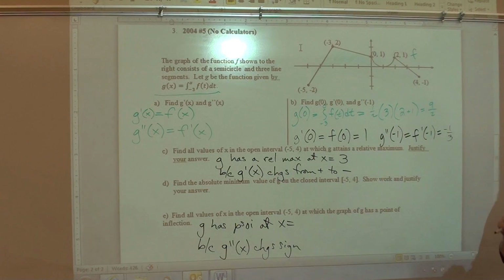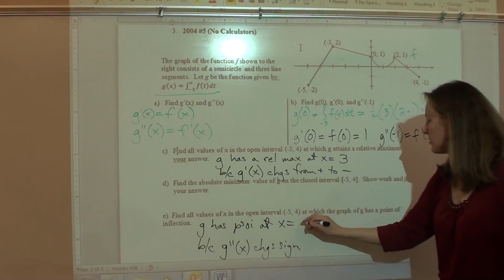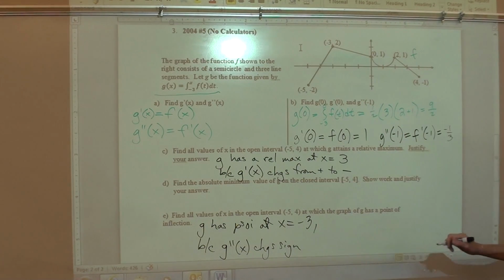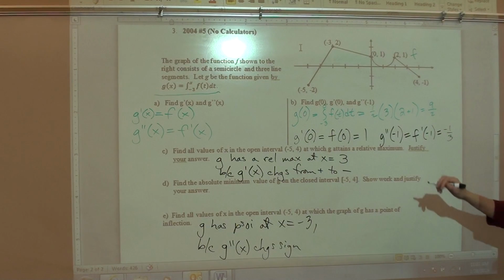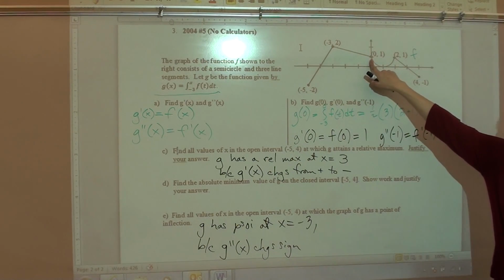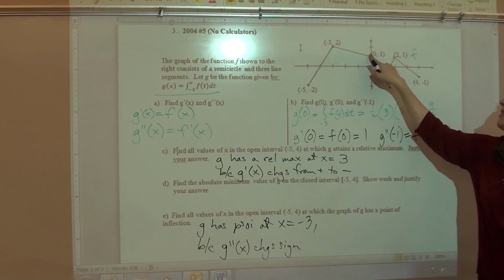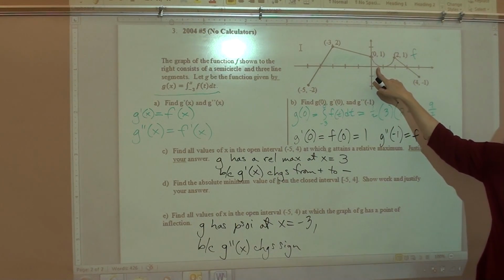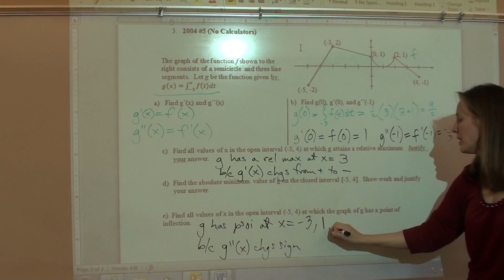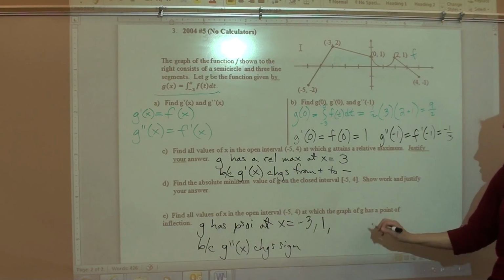Where does G double prime or F prime change sign? At -3, because it goes from positive to negative. 1. Does it change sign at 0? No. Even though there's a sharp turn there, it's negative and it continues to be negative, right? Okay, so then it changes sign at 1, and then it changes sign again at 2.